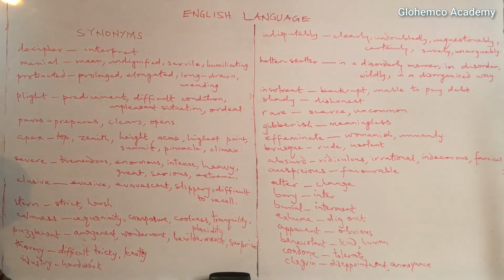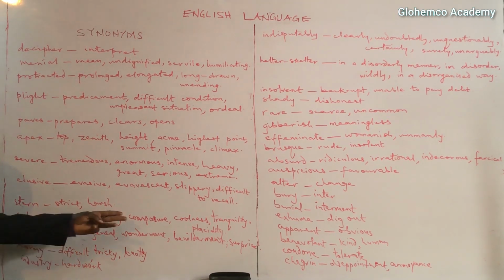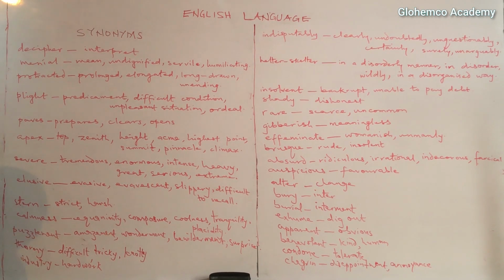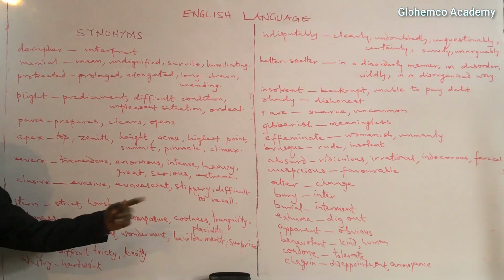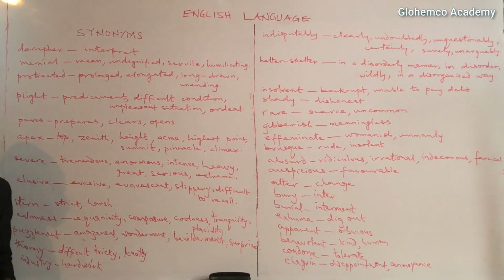It's not tempestuous, and it's not stormy. So it is placid, calm, cool, tranquil. You know, these words are all nouns, but we have the adjective forms: compose yourself, cool down, tranquil situation, placid. So those are adjectives.